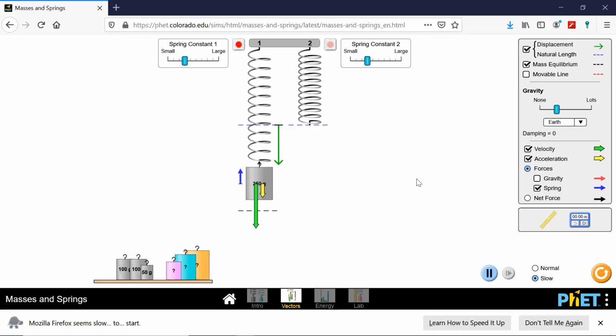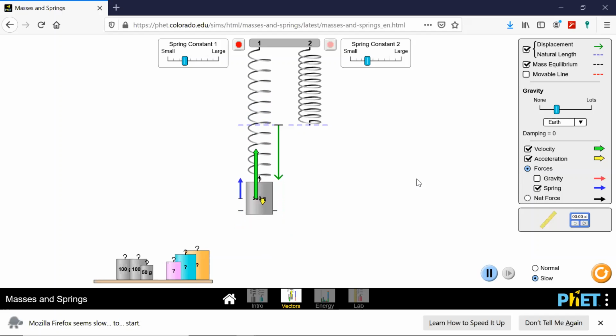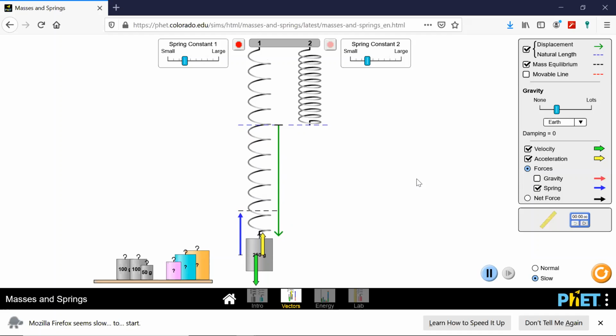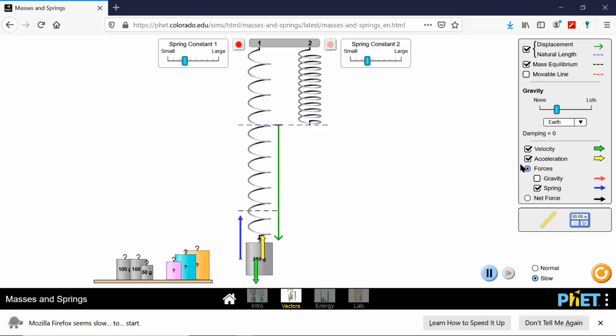Which point is acceleration zero? The acceleration is the yellow one. Maybe I should remove the spring velocity because this is confusing us. No, these are forces.